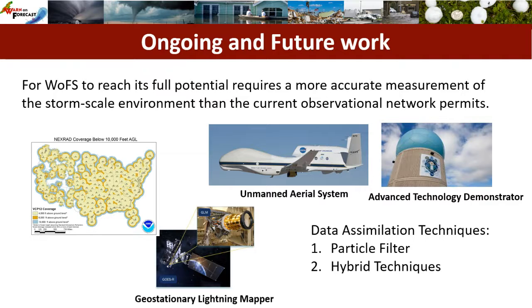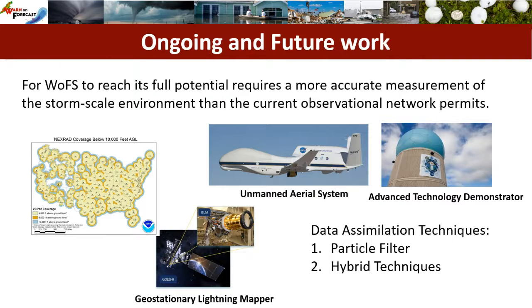Also, I want to mention that for this type of system to reach its full potential, it requires a more accurate measurement of the storm environment than the current observational network permits. So we are investigating ways to improve our near storm environment in the model initial condition.